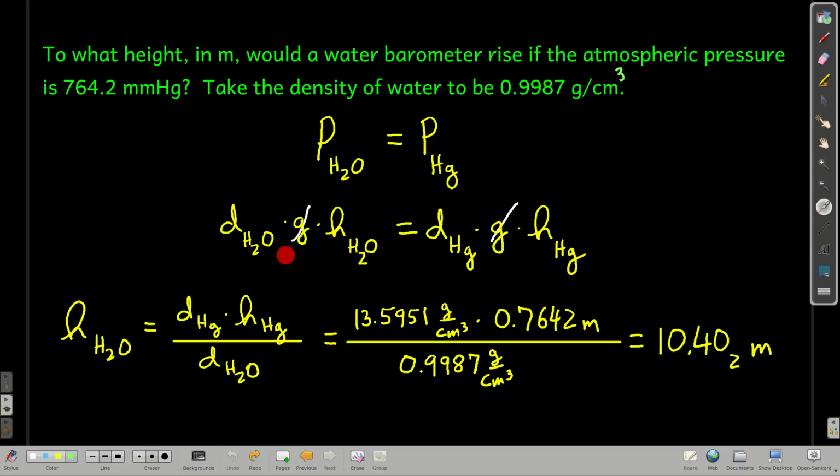So we divide both sides by the density of water, like this, plug in density of mercury, height of the column of mercury, remember it was 764.2 millimeters of mercury, so if we divide by 1,000 we get 0.7642 meters of mercury, and there's the density of water that I gave you up here. Plug these in, we get 10.40 meters, so about 30 feet. That's pretty high.